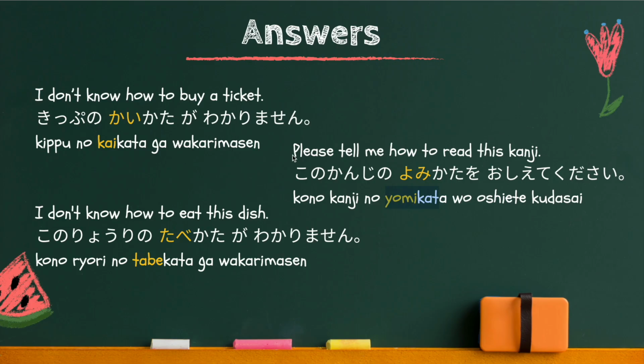And please tell me or please teach me is 教えてください。You have learned this grammar format before. Please do something is て form plus ください。So now I will read the sentence, so please repeat after me.